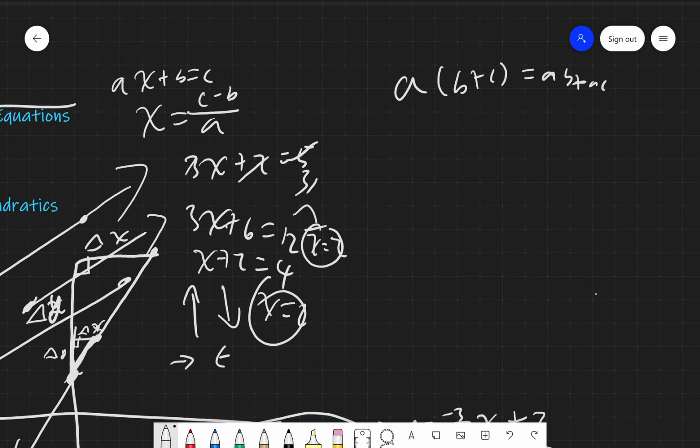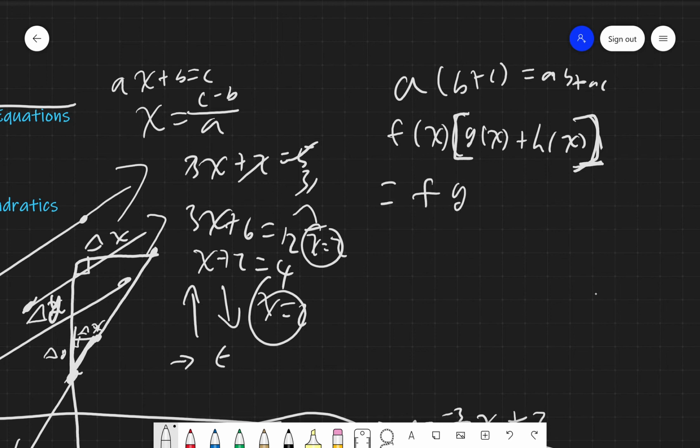If we were to expand this into algebra 1 and algebra 2, we're really saying that f of x times (g of x plus h of x) equals f of x times g of x plus f of x times h of x.